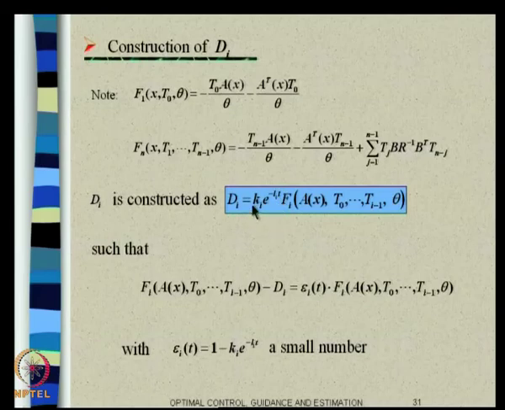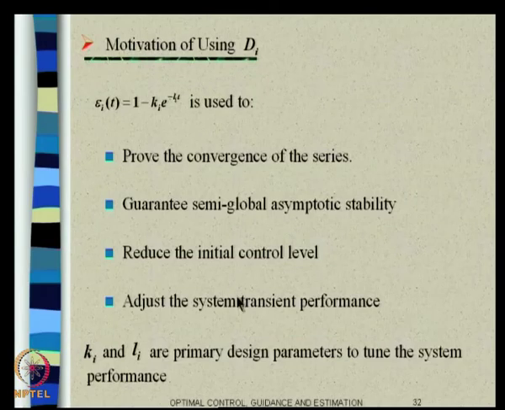Once you have these additional tuning parameters, these are the advantages, but also remember that as far as my knowledge is concerned, this happens to be just a tuning parameter. In other words, somebody has to select these values by trial and error. So if any of you can come up with a systematic procedure of adjusting this Ki Li, that will be nice.